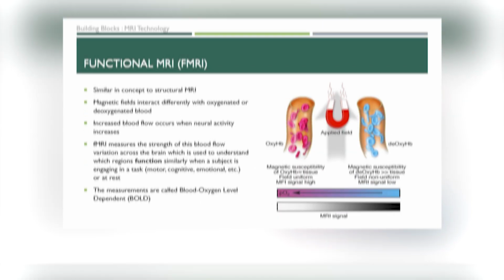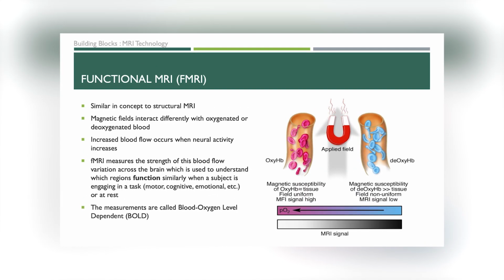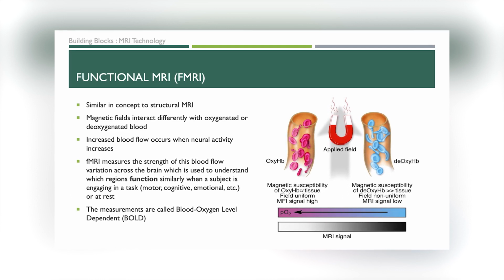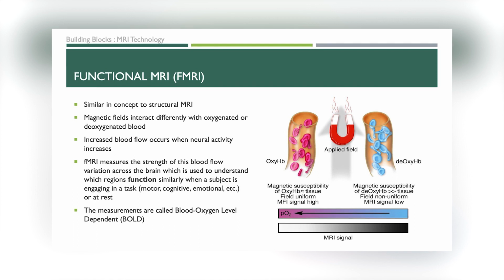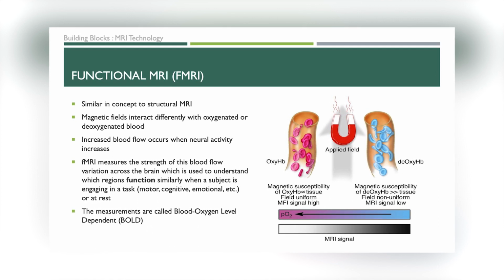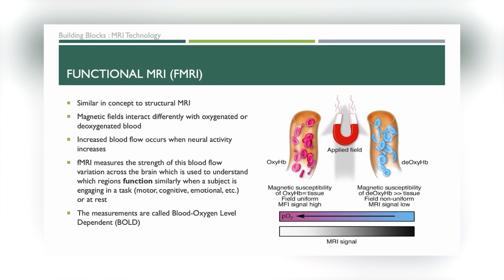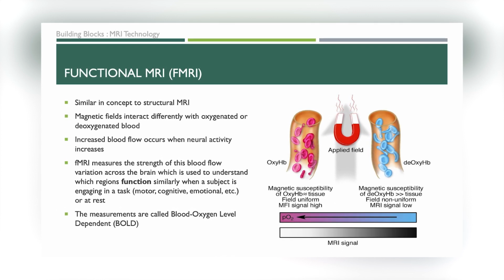The type of MRI technology that I will be talking about for the rest of the lecture is called functional MRI. Similar in concept to structural MRI, except that functional MRI deals with how magnetic fields interact differently with oxygenated or deoxygenated blood. What we know is that increased blood flow occurs when neural activity increases.